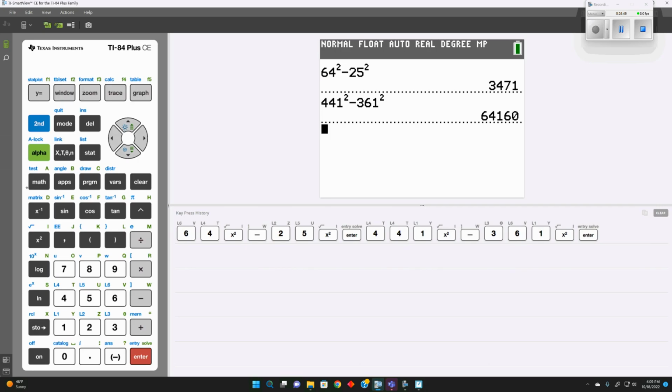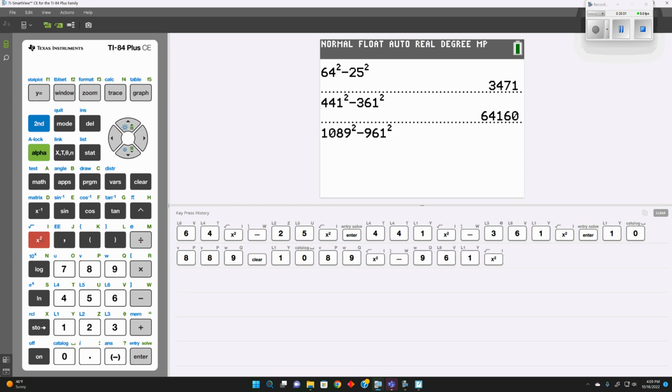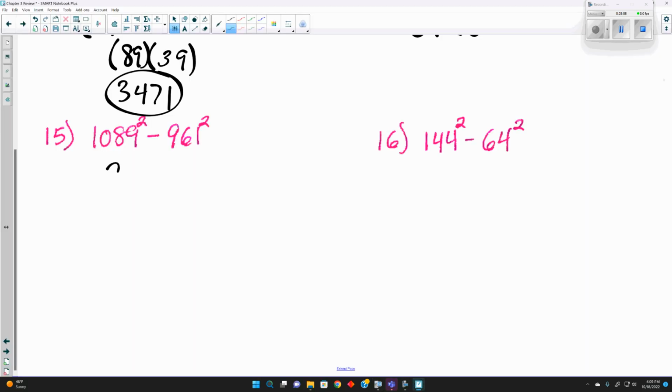So the next one, we have 1,089 squared minus 961 squared, and we get 262,400. And that's our answer.